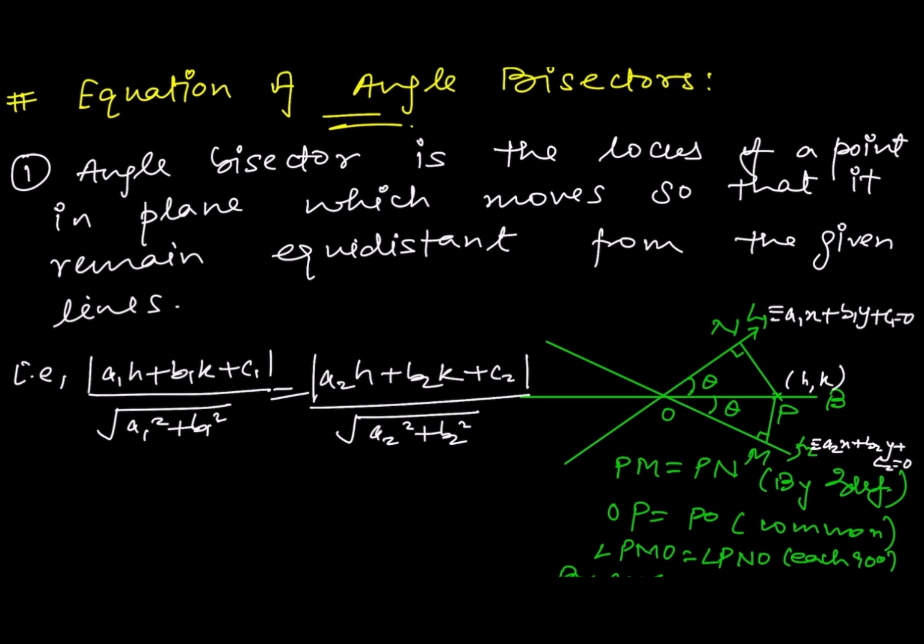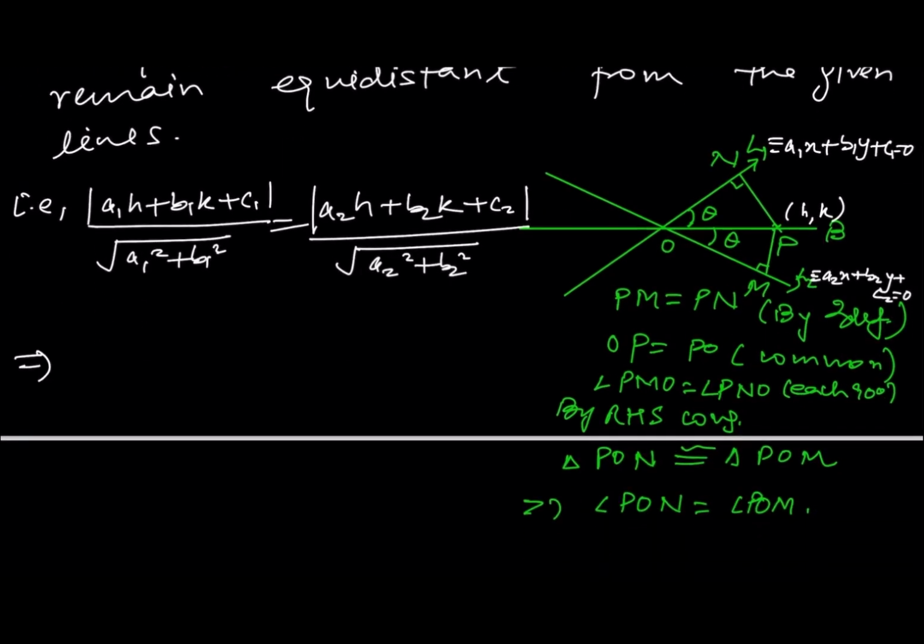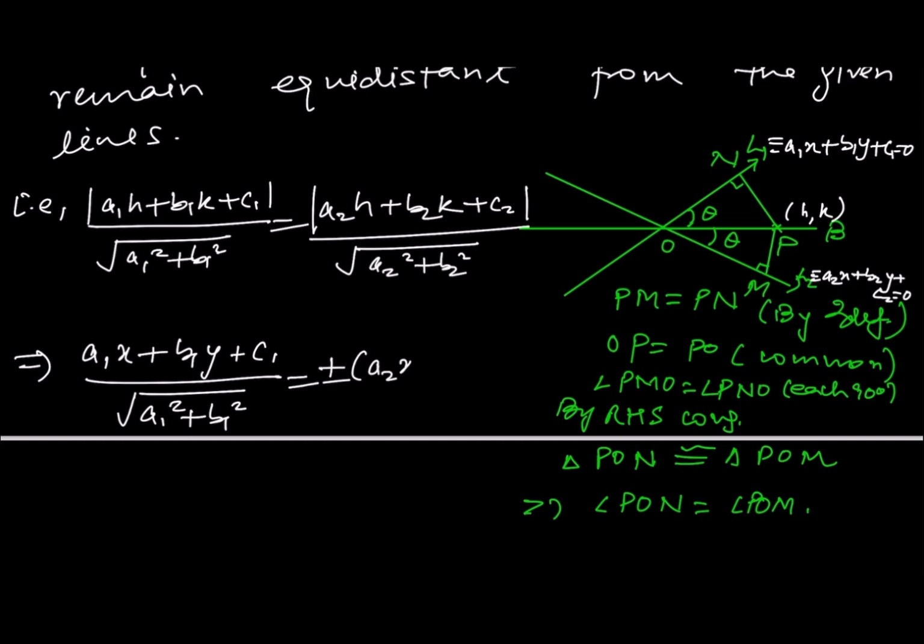Okay, and after removing modulus and replacing h and k by x and y, the locus will become like this: (a1x + b1y + c1)/√(a1² + b1²) is equal to plus minus (a2x + b2y + c2)/√(a2² + b2²).